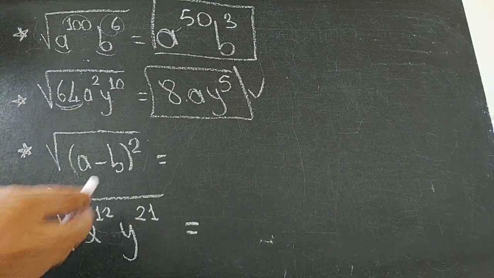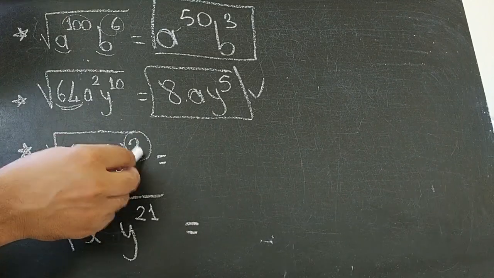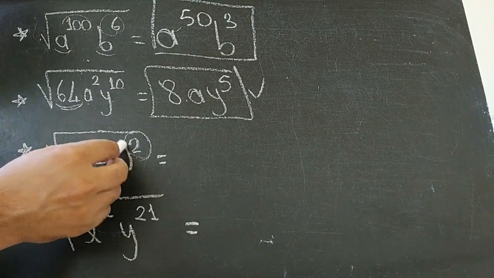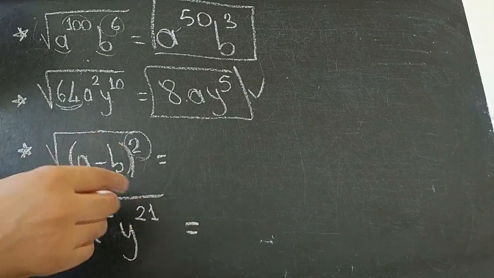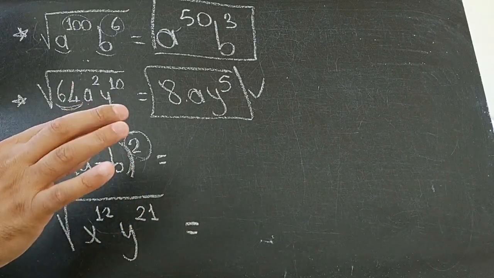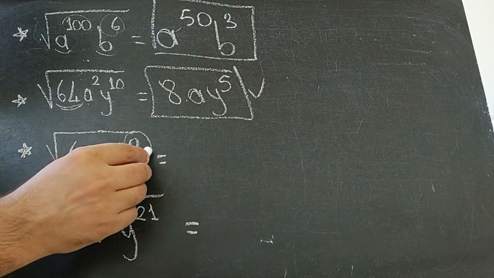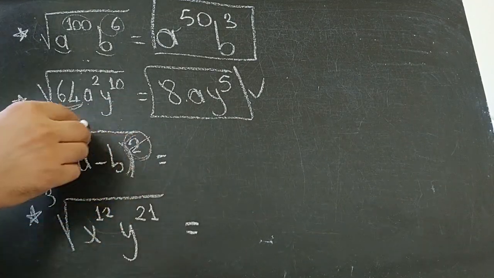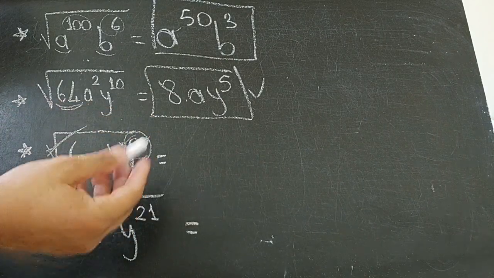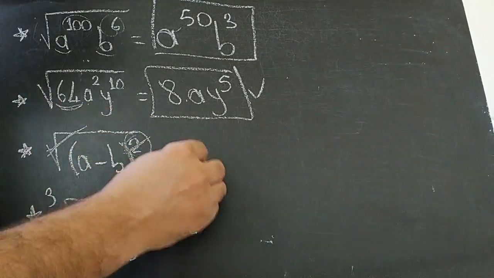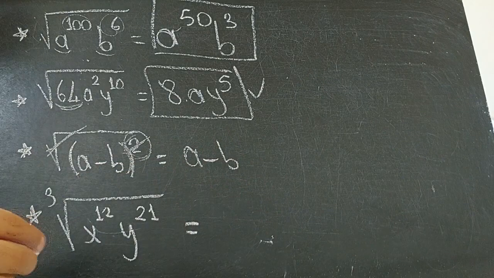So for this one, see, it is power 2 already. So this one belongs to a minus b. There is a bracket there. If there wasn't, there are some other stories. Alright, so for this one, you can eliminate them, because 2 times 1 over 2 is going to be 1. That will come out as a minus b.